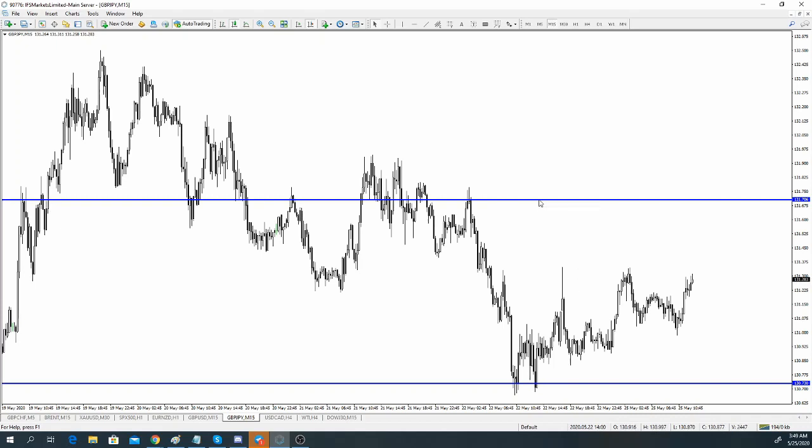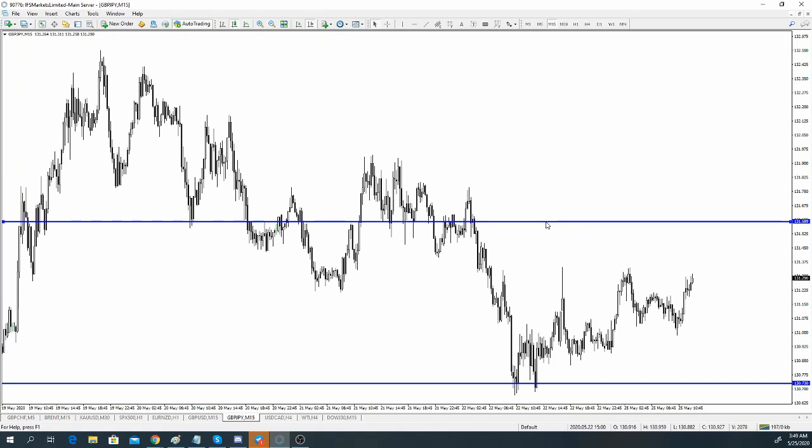And the next level of resistance, of course, is going to be this one right here. Why? Well, I will show you why. Because it has been previous resistance right here and right here. So it's very plausible that we are going to be getting some kind of a resistance here at the 131.58.